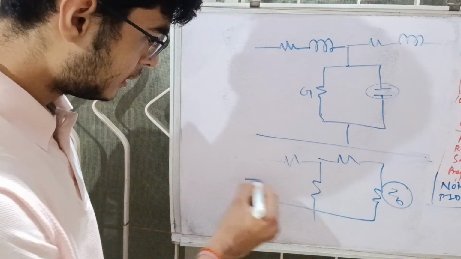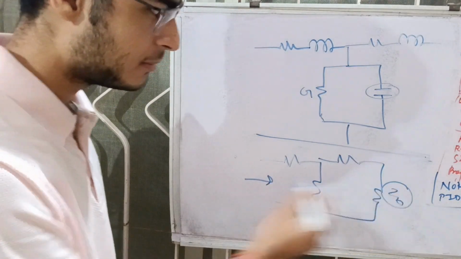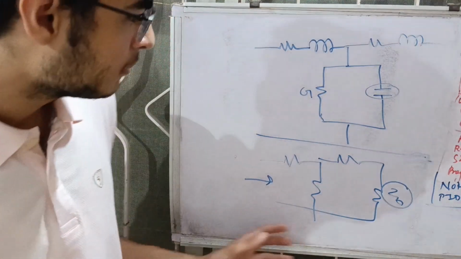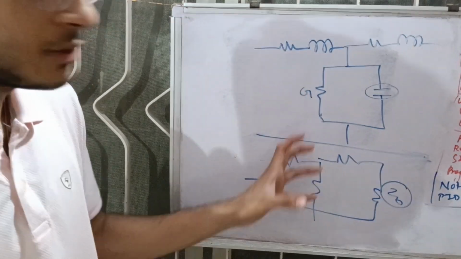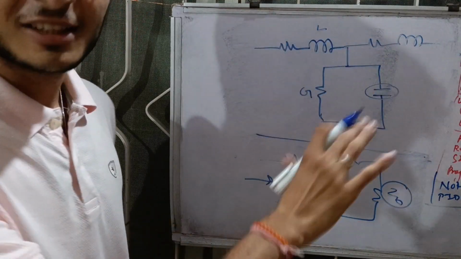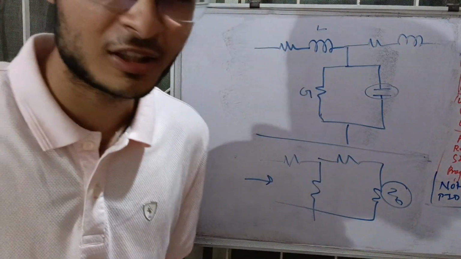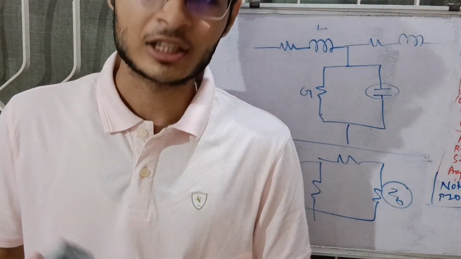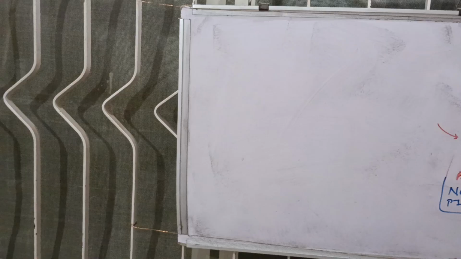If the source impedance is the same as this, they are comparable. We'll talk about it later, but this is how it works. This is inductance, and that is why we need to study it. In the further videos, we'll talk about transmission lines in more detail.